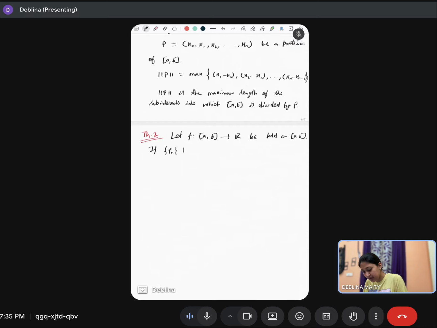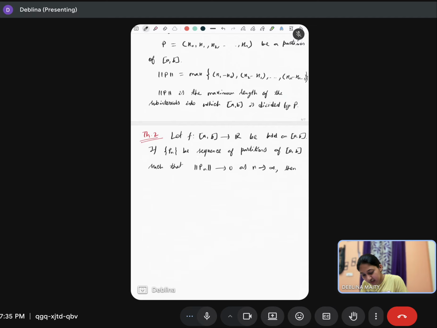If Pn is a sequence of partitions of [a,b] such that the norm of Pn goes to 0 as n goes to infinity, right?